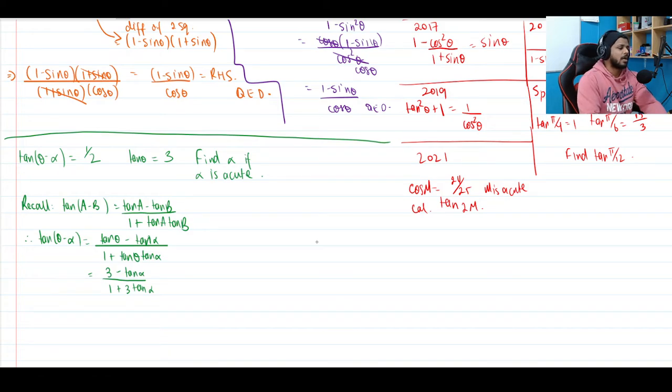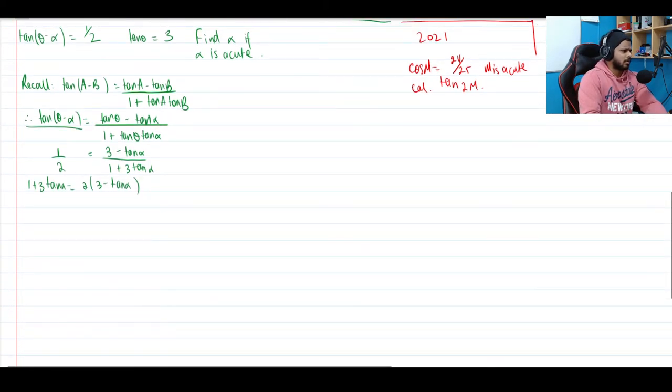And from the information, this fella is equal to a half. It's just a simple cross multiplication now. I end up with 1 plus 3 tan alpha is equal to 2 into 3 minus tan of alpha. Rearrange again. We'll expand first. 6 minus 2 tan alpha. 3 tan alpha plus 2 tan alpha is 6 minus 1.